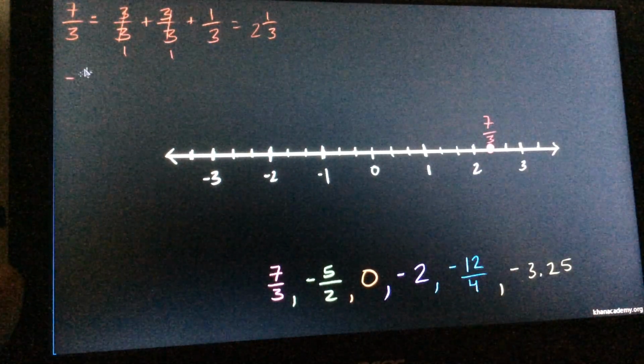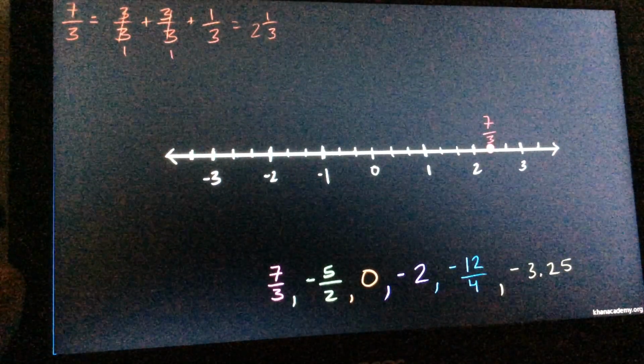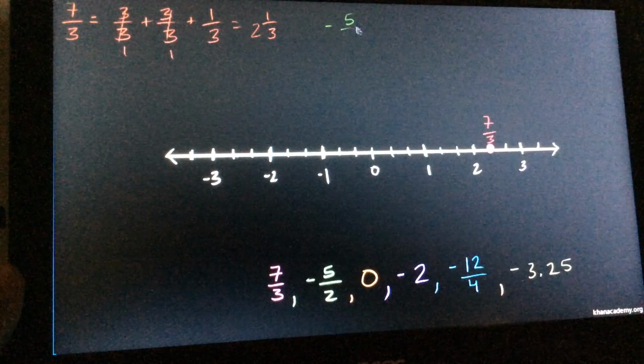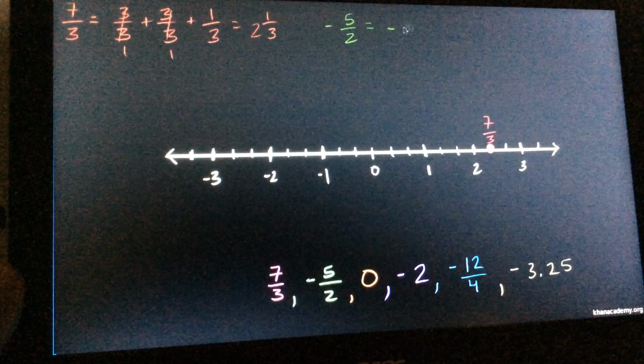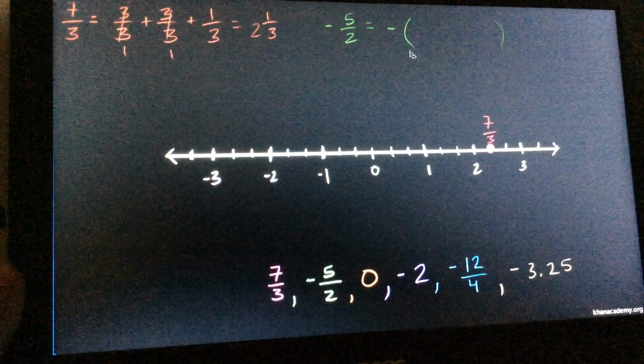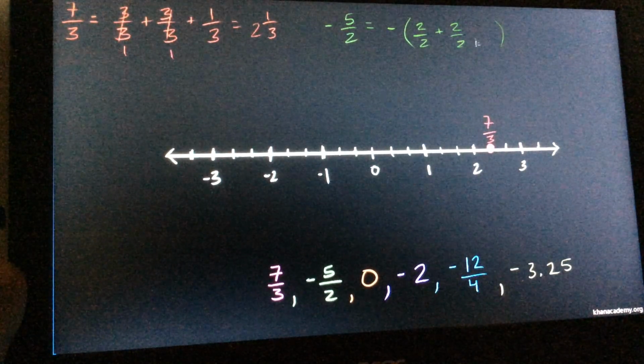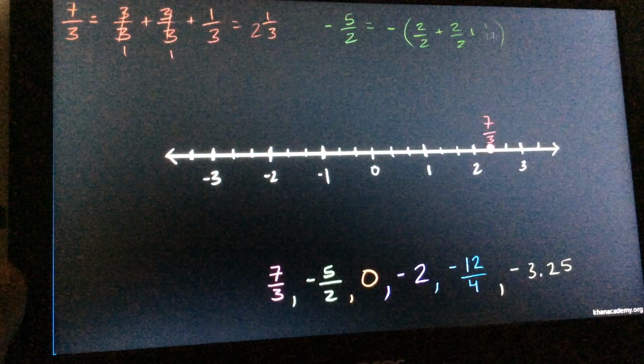Then we have -5/2. Same logic, negative 5 over 2. Negative 5 halves, and 5 halves is going to be 2 halves plus another 2 halves plus 1 half.